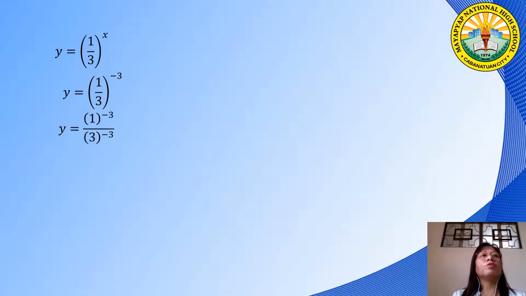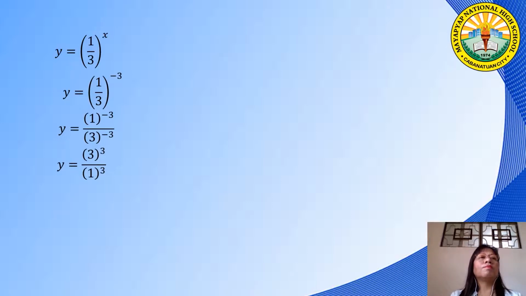To simplify, you make the exponent positive, so you change the location of the negative exponent. 1^-3 goes to the denominator, becoming 1^3, and 3^-3 goes to the numerator, so the exponent becomes positive. Therefore, y = 3^3 over 1^3.